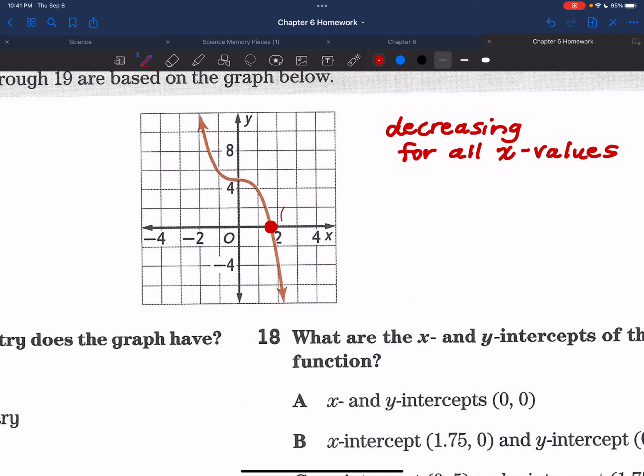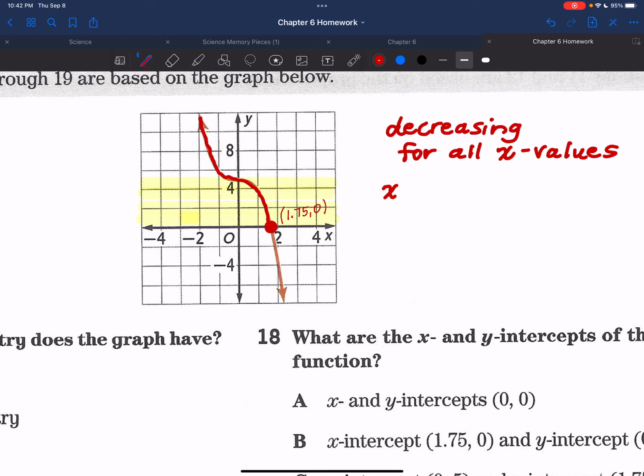And it crosses at 1.75, 0. So anything above that line is going to be an increasing interval. So we're looking at this portion of the function up to the point that it's at 1.75.